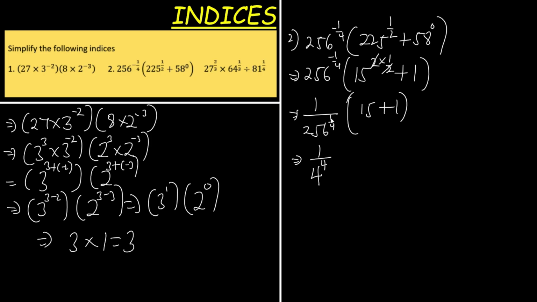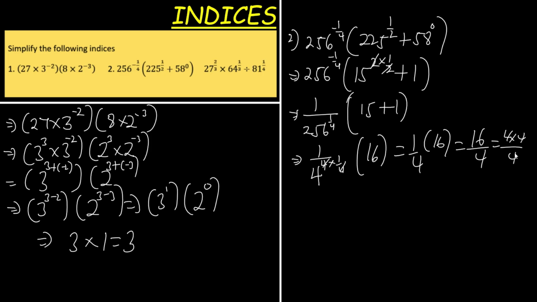But already bear in mind the 1 over 4 is still there. So this 4 will cancel this 4, and now 15 plus 1 will give us 16. So finally you're going to have 1 over 4 times 16, and it will be 16 over 4. And then 16 over 4, you know that 4 times 4 is 16, so we're going to have 4 times 4 all over 4. So this 4 cancels this 4, and now the final answer is 4.